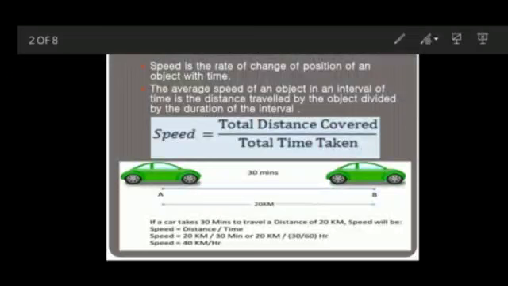Thus, if we know the distance covered by two cars in 1 hour, we can tell which one is slower. We call the distance covered by an object in a unit time the speed of the object.